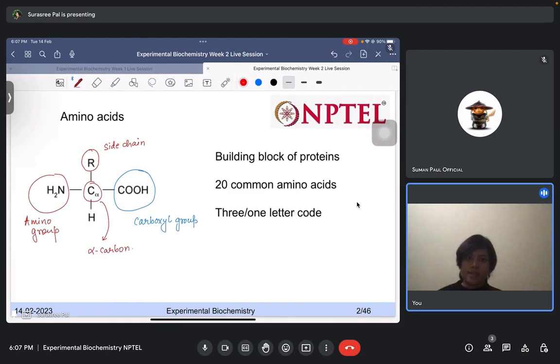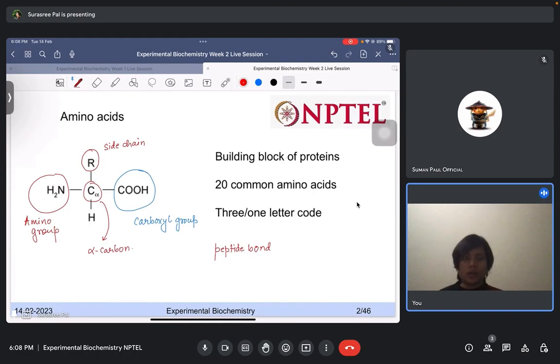Now these amino acids are joined together by peptide bond to form proteins. Many amino acids linked together by peptide bonds form this protein structure.